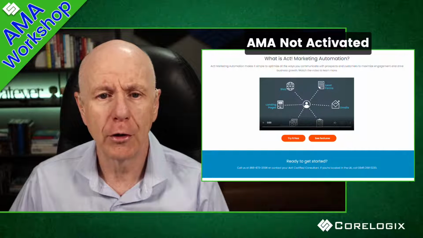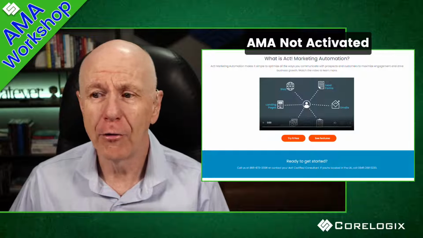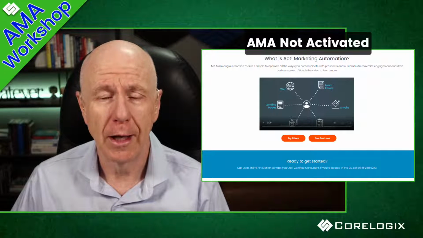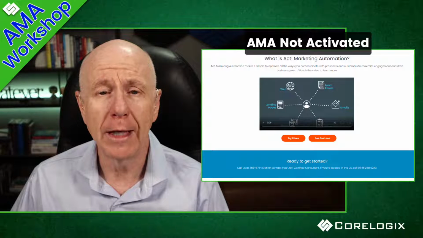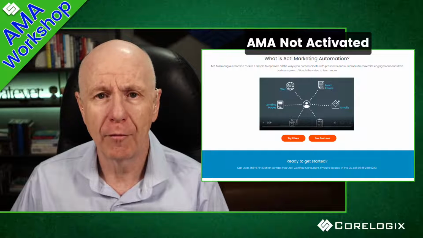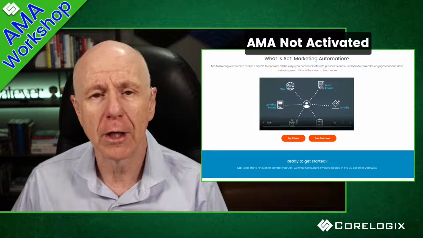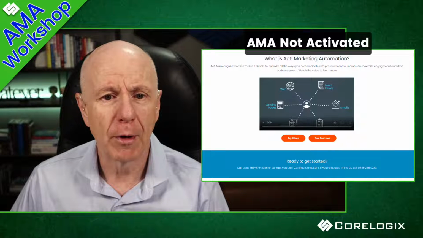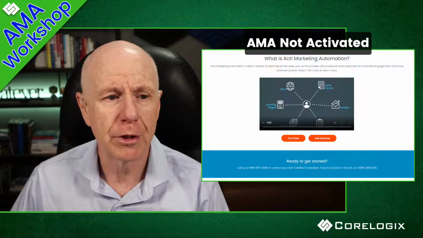If you click on that and you get this screen, what is ACT Marketing Automation, or something similar, then reach out to us and we'll reach out to ACT to make sure it's activated. We'll need the domain that you want to have. Ours is corelogix.ca, so we let them know, and they set up our domain as corelogix.ca. Whatever yours is, if you get this screen, you're not set up, and you'll need to reach out to us.